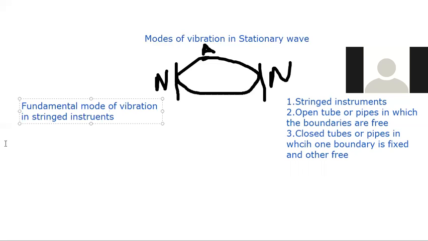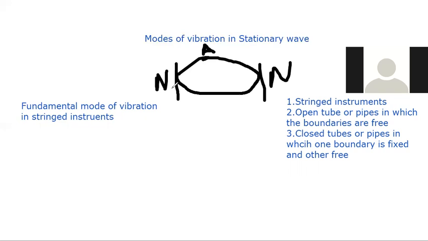In a string instrument, the fundamental vibration has two nodes. It will be something like this. The two nodes will be this and this, and they constitute the fixed ends. I told you that a string instrument has two fixed boundaries.